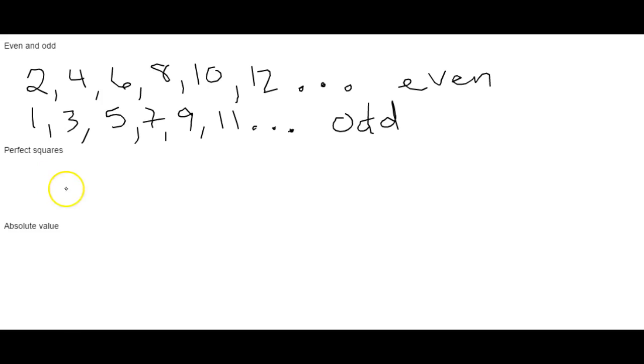We also have numbers that are considered to be perfect squares. Those you can take the square root of and it comes out as an integer. We saw at the beginning, like square root of 25 is just 5, or square root of 16 is just 4. If you're not sure if it's a perfect square, try taking the square root.